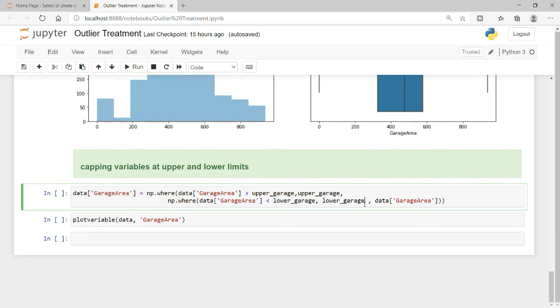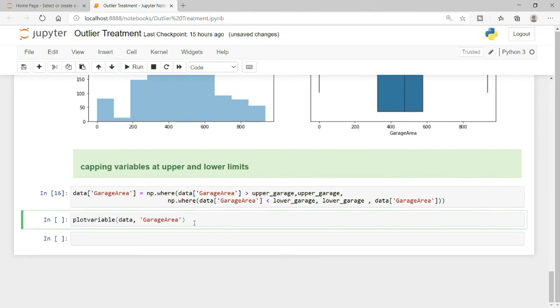It falls between the two limits, so simply keep that observation in its place. Do not touch it; only replace those values which go either above the upper limit or below the lower limit. If that is not happening, simply keep that observation in its place. I have done it here.